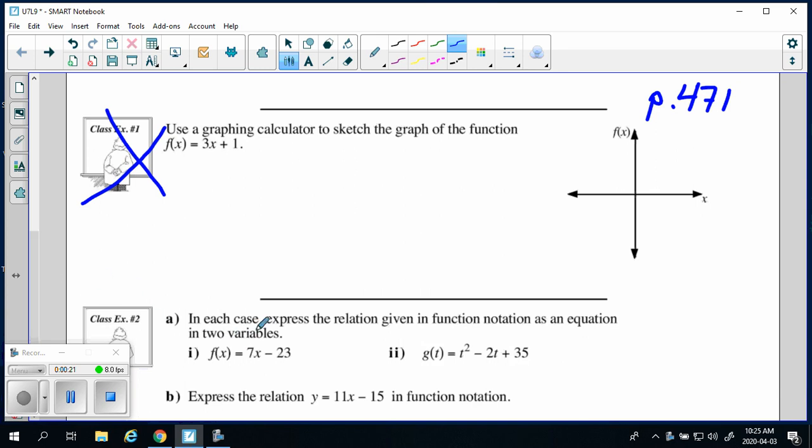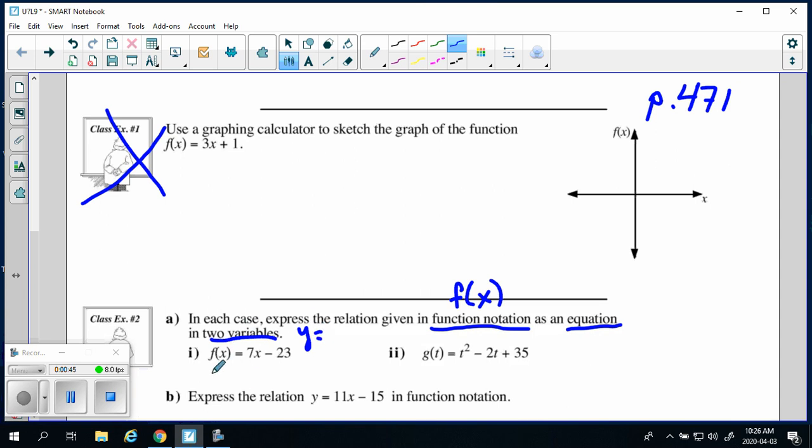On the bottom, in class example 2, it's asking us to express this relation given in function notation as an equation in two variables. So what they are asking is that this is currently in function notation, which looks like this. But they are asking us to convert it to an equation in two variables, which means like x and y equals something.